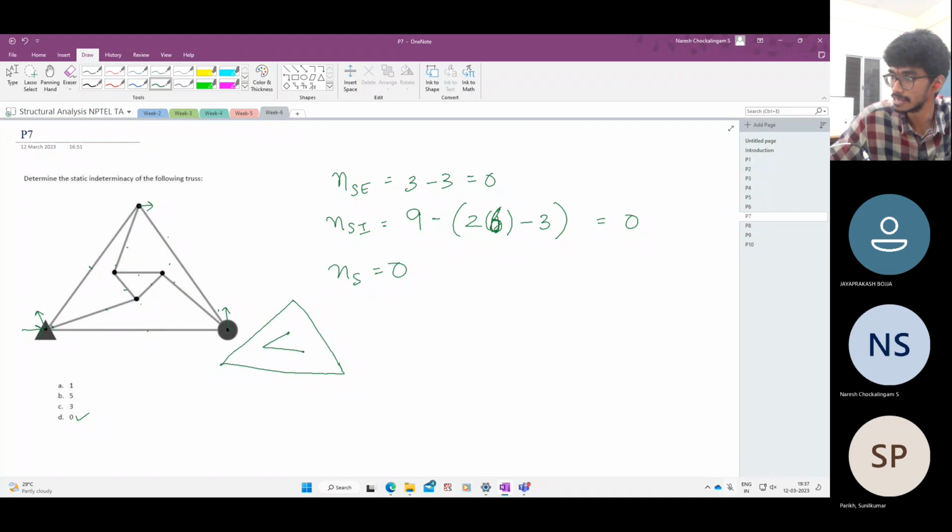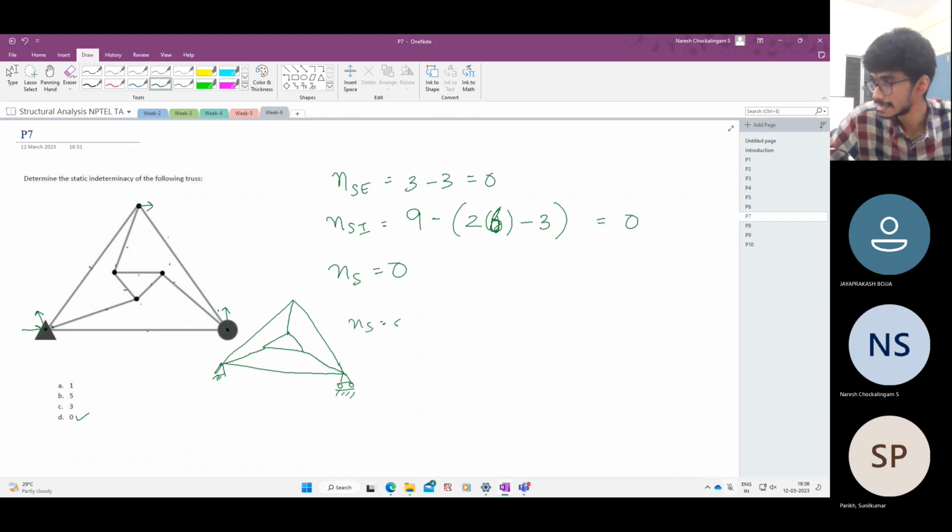So this triangle is similar to the outer triangle. And if I connect it this way, this doesn't change the number of members or the number of reactions. So this is still statically determinate, but is this stable?